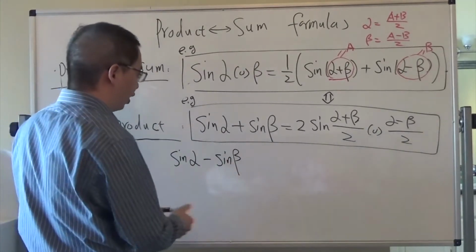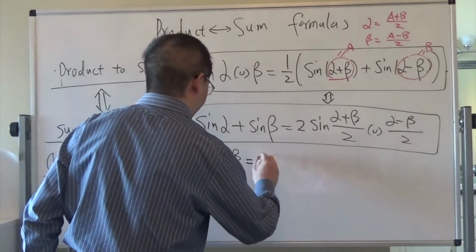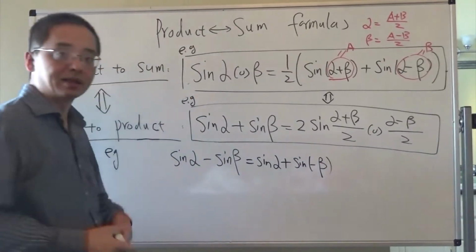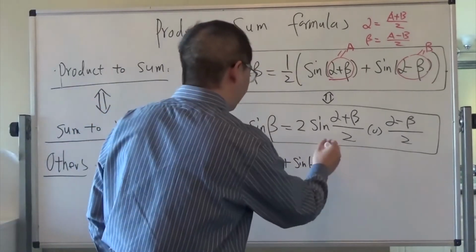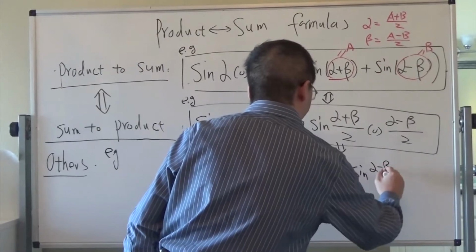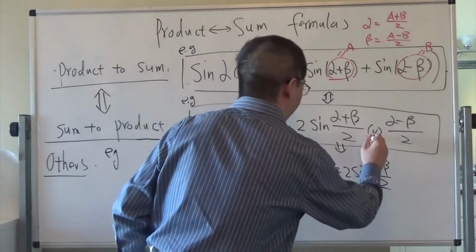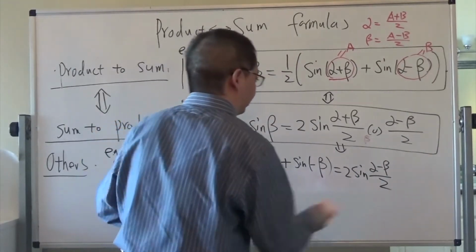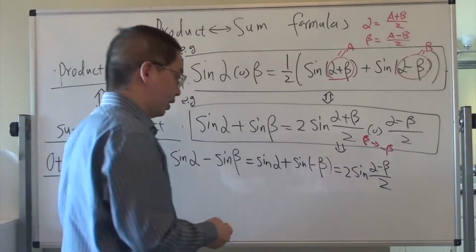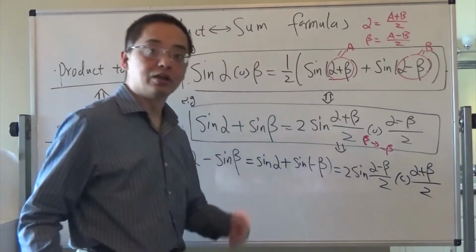Well, this just equals sine alpha plus sine(negative beta), because sine is an odd function. And then we can just apply the formula, so we get twice sine((alpha minus beta) over 2), since we just change beta to negative beta, and then cosine((alpha plus beta) divided by 2).